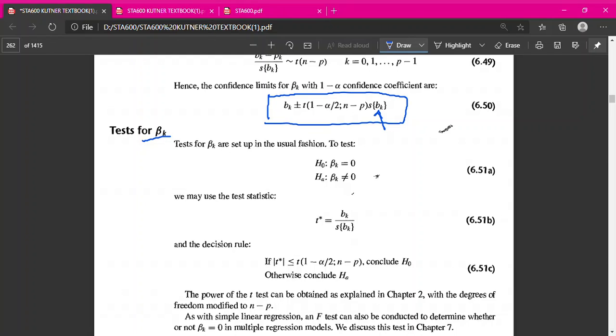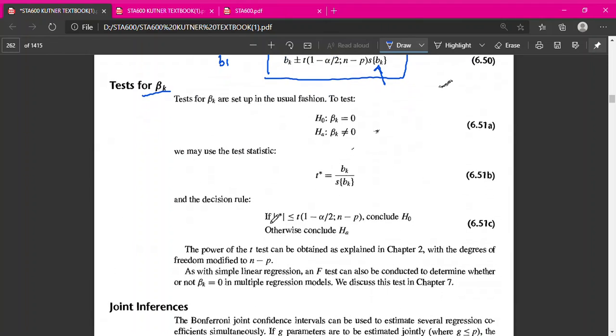Ataupun you can say that we are 95% confident that when x1, kalau you nak interpret untuk beta 1, when x1 is increased by 1 unit, you can mention the unit, the y will be increased between the limits yang you dapat tu, when the other variables are held constant. Okay.